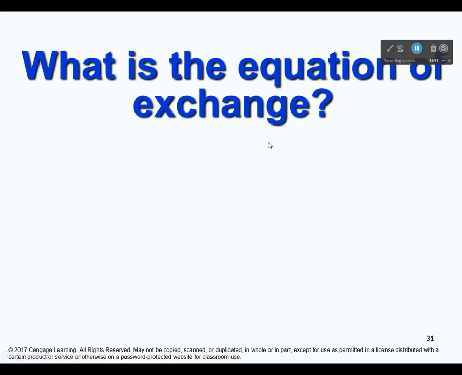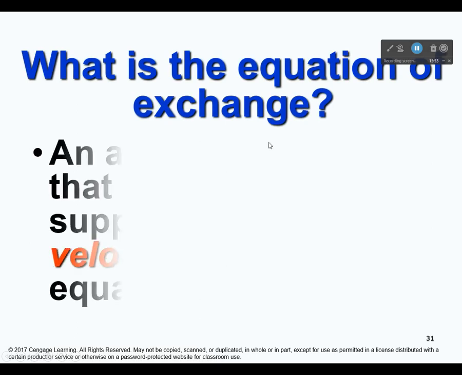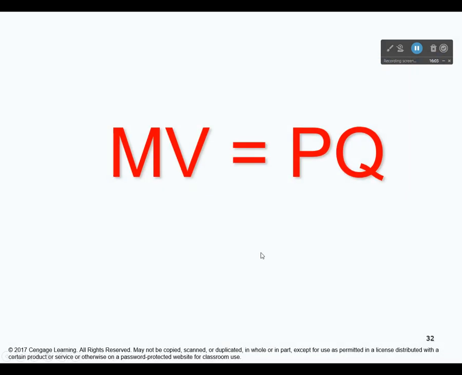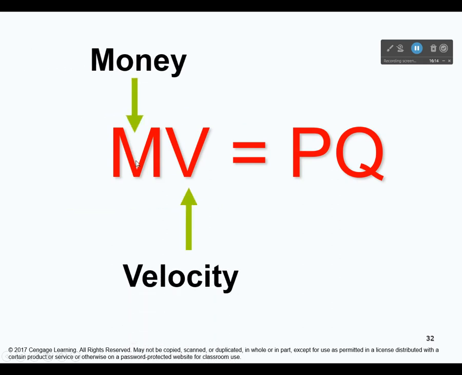So they use something called the equation of exchange, an accounting identity that states the money supply times the velocity of money equals total spending. So MV equals PQ. M is the money supply. V is the velocity of money.